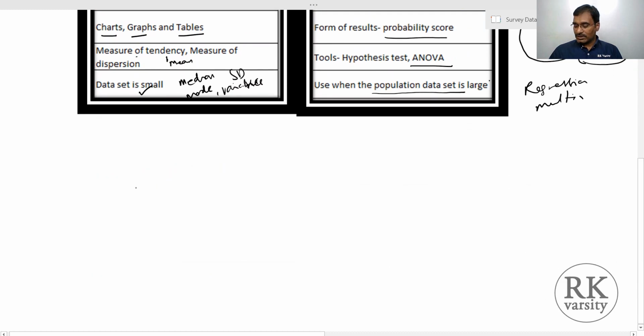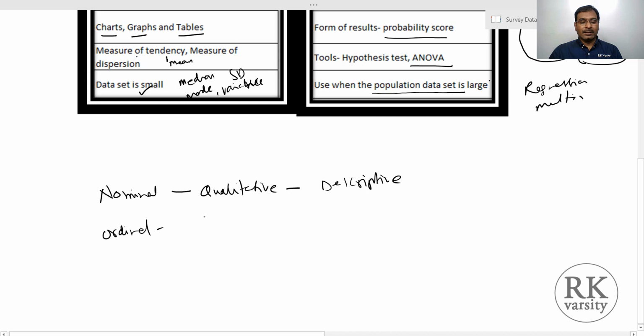Let us see how we are going to link this with your scale. Suppose you measure in a nominal scale, your data is qualitative and statistical analysis is descriptive. If you have an ordinal scale, your data is qualitative and you can have a descriptive statistical analysis.